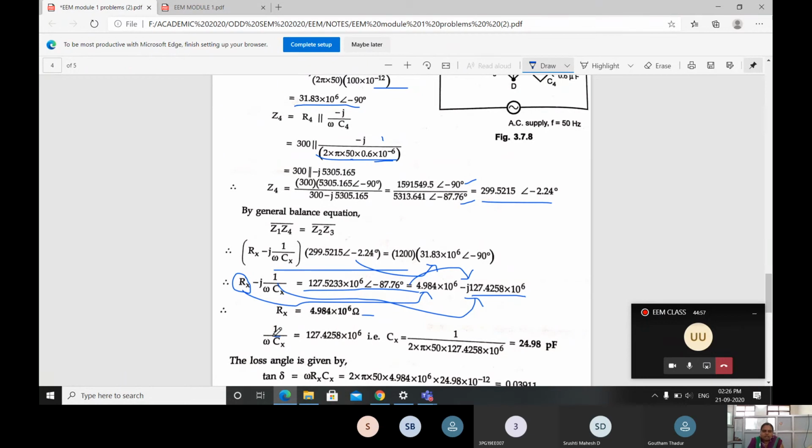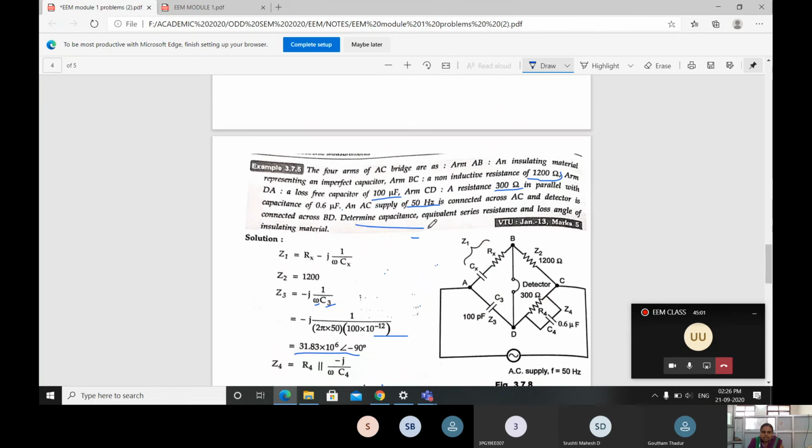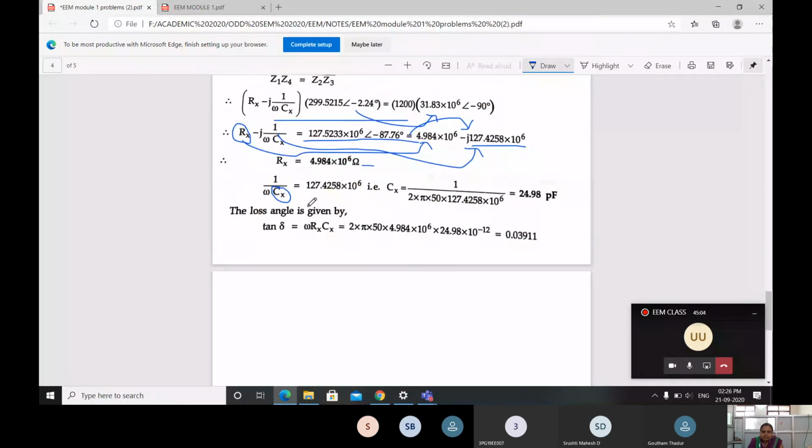Then I want the value of the capacitance. What the question asked is to find the capacitance. For that reason, Cx is taken by cross multiplying here. Substitute omega as 2 pi f, where f is 50 hertz. After solving this, you will be getting the capacitance value as 24.98 picofarad.